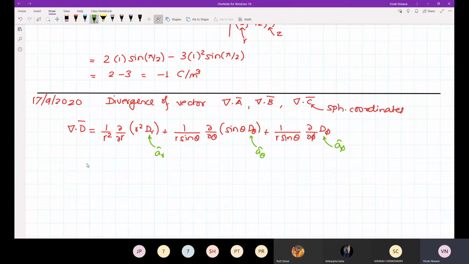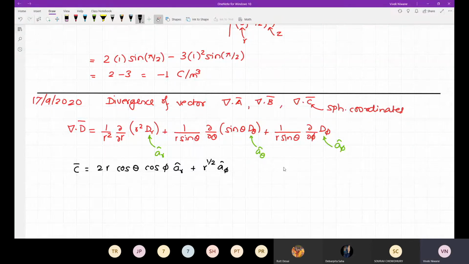In yesterday's session we had C bar expressed as 2r cos of theta cos of phi a r cap plus r raised to half a phi cap, and we want to evaluate del dot C bar at the given point 1 comma pi by 6 comma pi by 3.